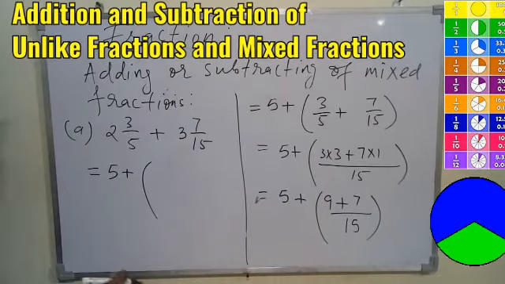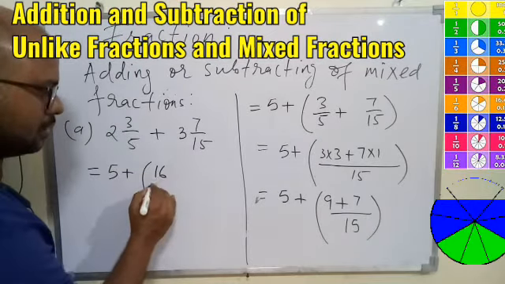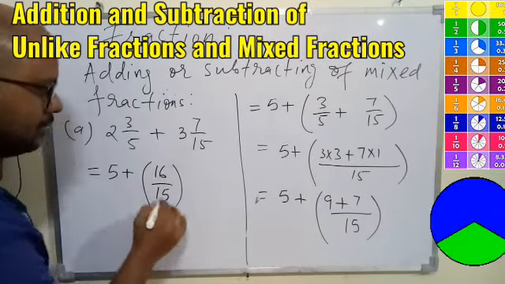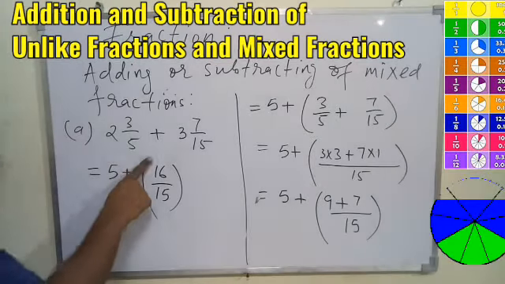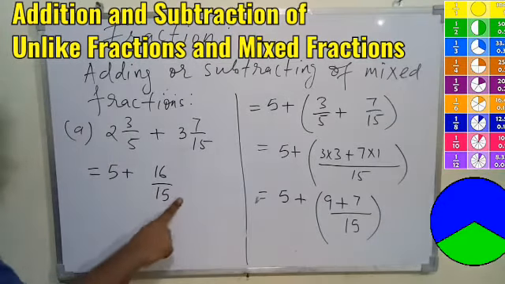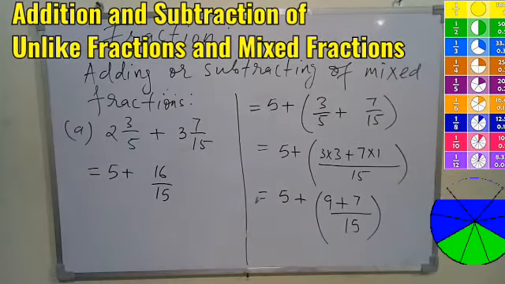Now 9 plus 7 is how much? 16 upon 15. So now we don't need the bracket because we have already converted them into a single fraction or number. Now what is to be done? Very first, let's see if 16 and 15 have any other common factor.